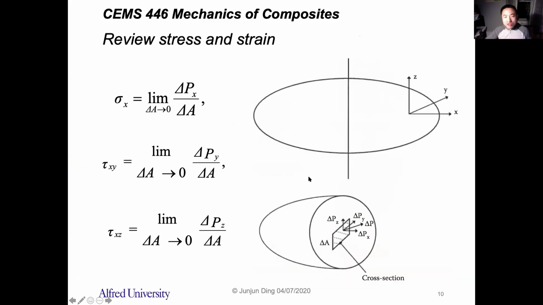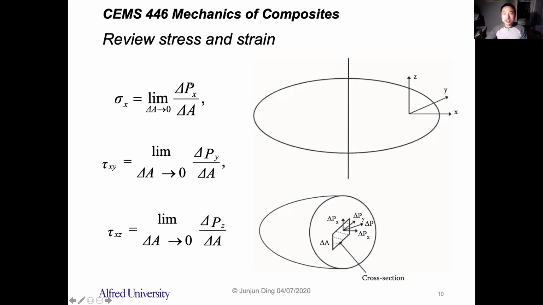So let's have a review of the stress and strain and how you calculate stress and strain, right? Especially in 3D space. Let's start with 2D. So a really basic one, the normal stress, right? Stress by definition is the force over area, right? If you take a small area, of course you have this force applied to that small area.